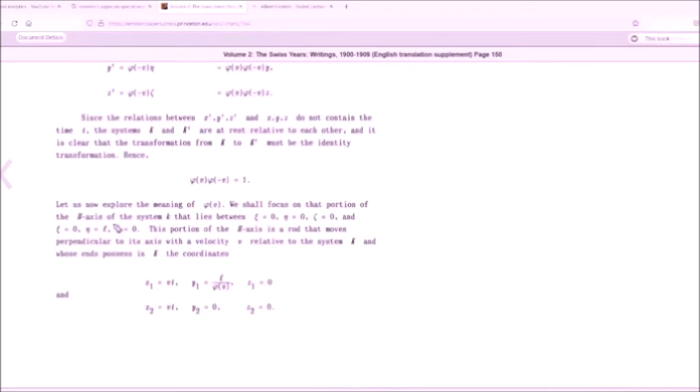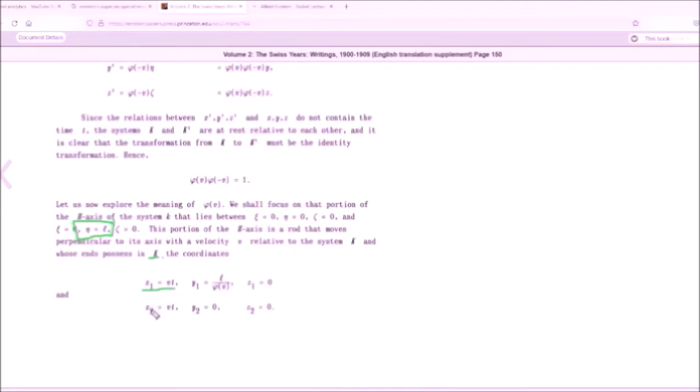That is a rod that has eta equals l, perpendicular, and it moves with the velocity v, perpendicular to the axis, relative to the system K, which is at rest, and its ends possess in K the coordinates. K is the rest coordinates. These are the coordinates of the rod. It moves in that direction vt, it moves in that direction l, which is perpendicular, divided by phi, in that direction at z. That is one point.